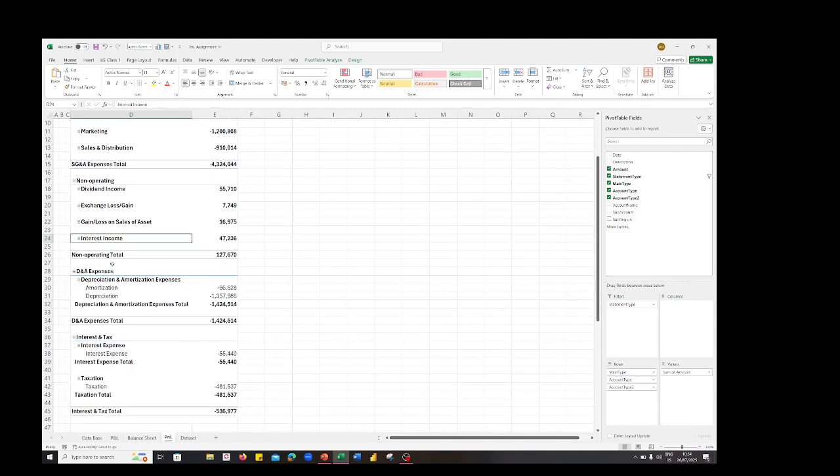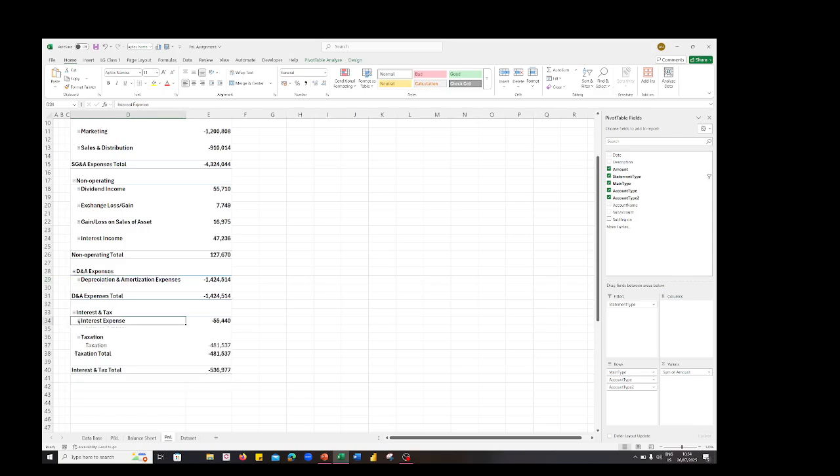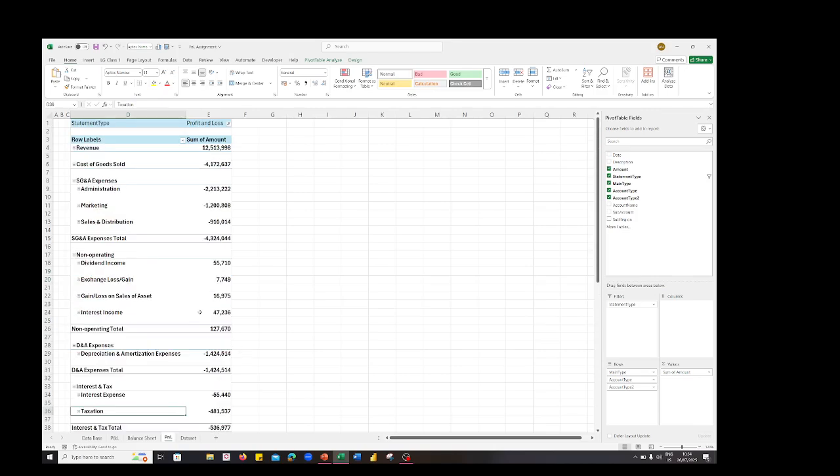Our non-operating profits as well are getting into shape, our interest, taxation. So now the next step is to calculate our gross profit, our operating profit, our EBITDA, and so on and so forth.